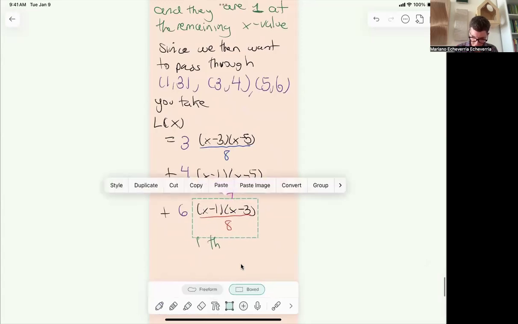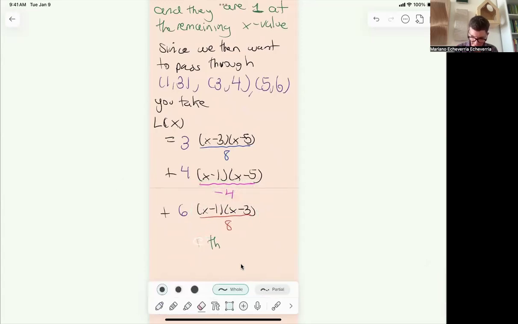So in other words, what I'm trying to say is that each of these rescaled polynomials gets multiplied by the corresponding y value, and then they are all added together. So it works.